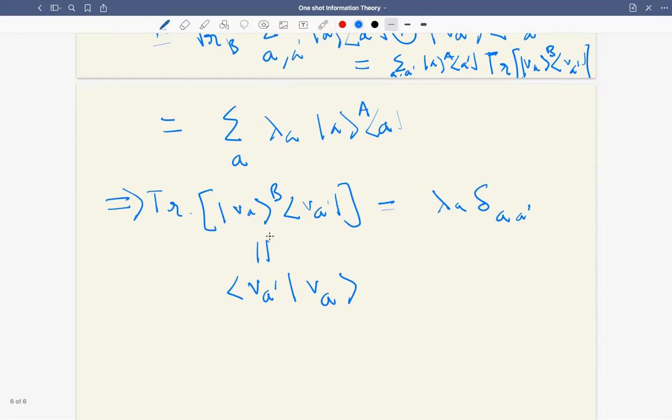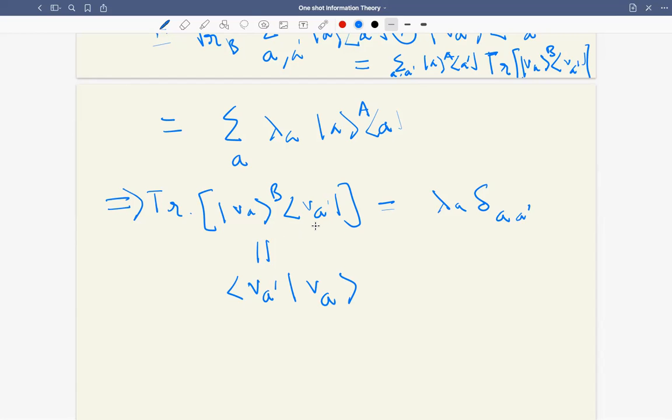To refresh your memory, one quick way to see this equality is to remember this ket is a linear operator from a one-dimensional vector space to an n-dimensional vector space, and the bra is also a linear operator from an n-dimensional vector space to a one-dimensional vector space. So this expression is just the product of two matrices, an n by 1 matrix times a 1 by n matrix.